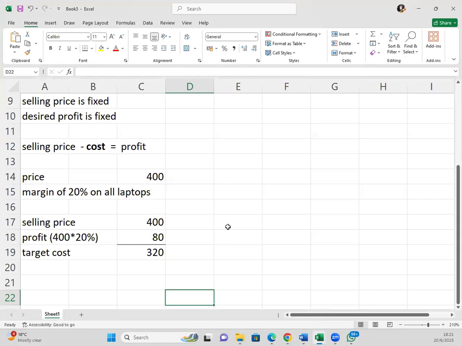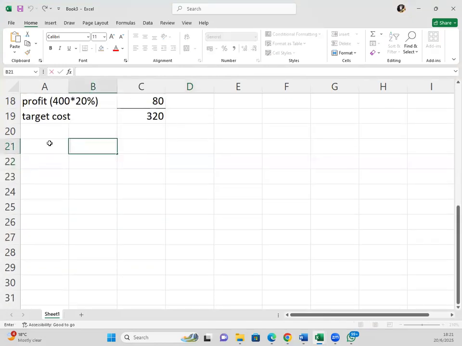So remember, in process costing, we have what you call the normal loss.